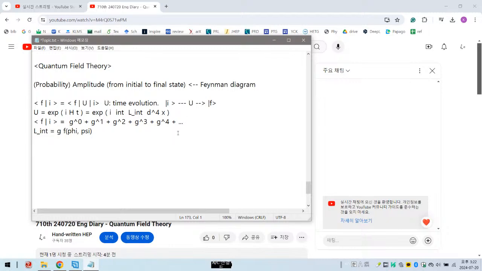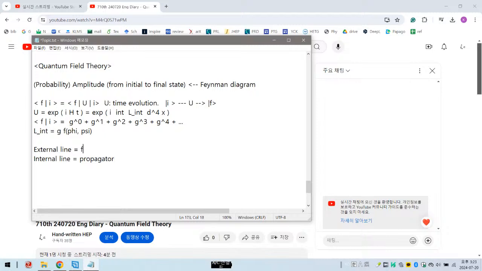There are two types of components of the Feynman diagram: the external lines and the internal lines.